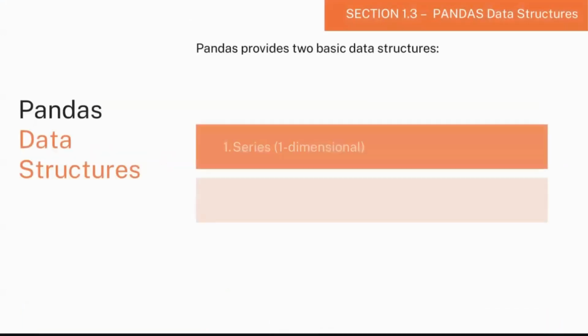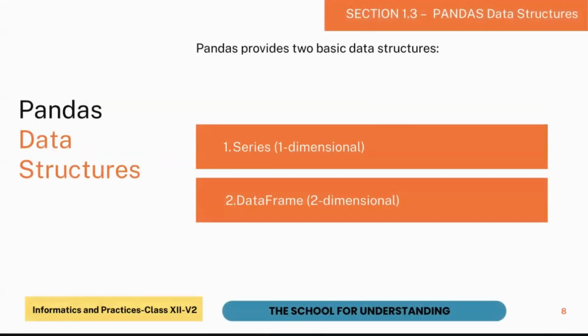Okay, let's move on to section 1.3, Pandas data structures. Pandas provides essentially three data structures, but we are going to focus only on two of them, which we will cover extensively. Pandas provides two basic data structures.